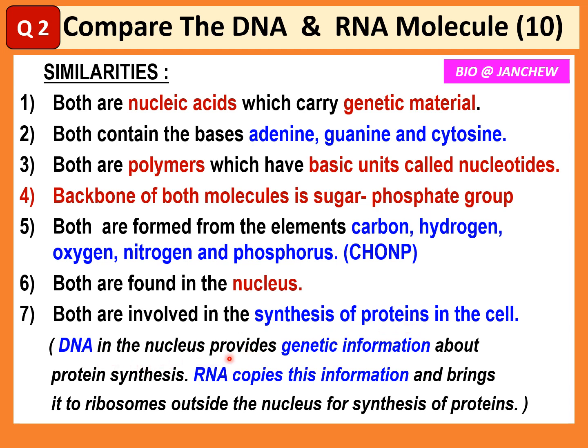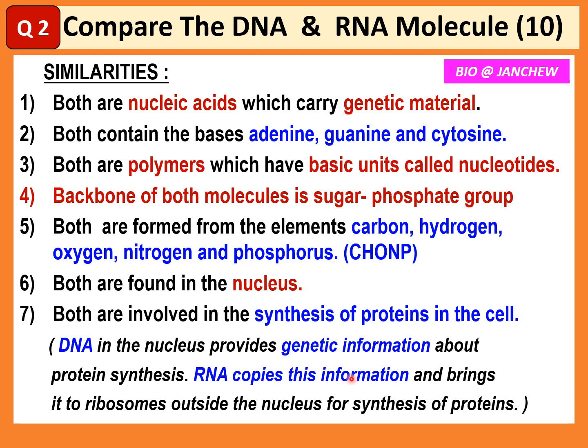DNA in the nucleus provides the genetic information about protein synthesis. So DNA is like a storehouse of genetic information for various types of proteins. And then the RNA will copy the information for the production of just one protein.